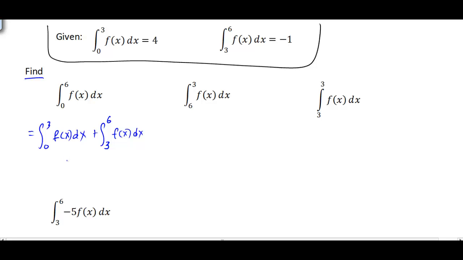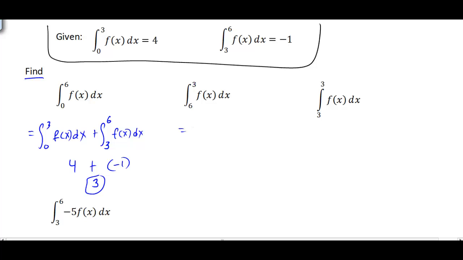And we know that we're going to end up with 4 plus a negative 1, so therefore your answer is 3. So this is reinforcing the idea that we can add these two intervals together from 0 to 3 and then from 3 to 6, and that's going to give us the integral of 0 to 6.